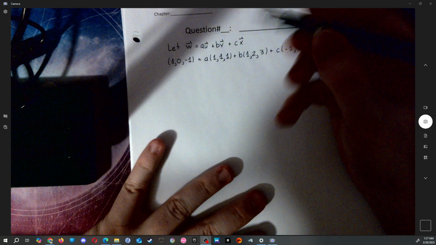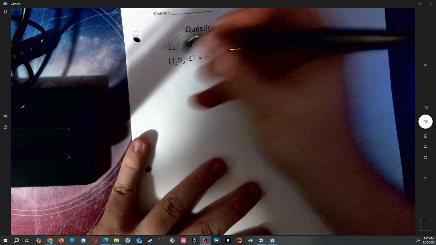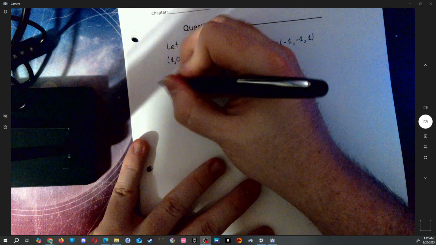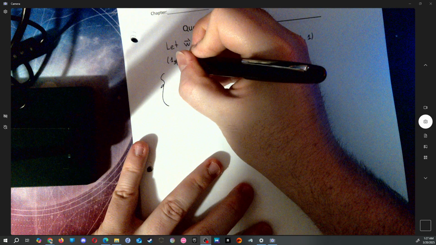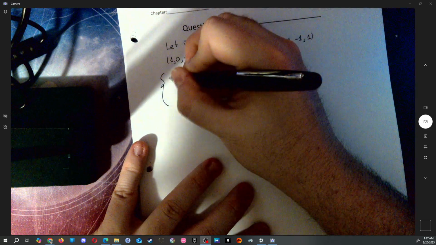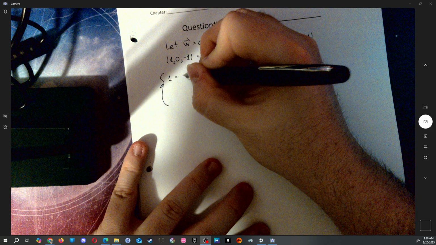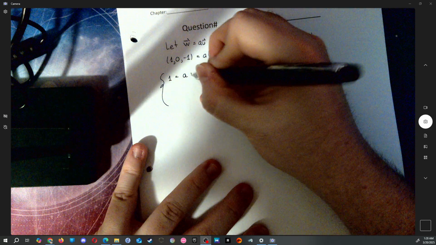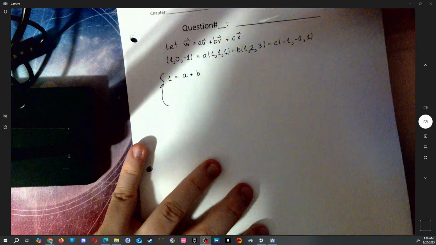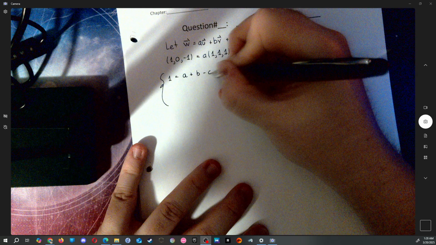Okay, so let's finish it off here. I've got my three equations that I want to write over here. So I've got 1 is equal to a plus b minus c.